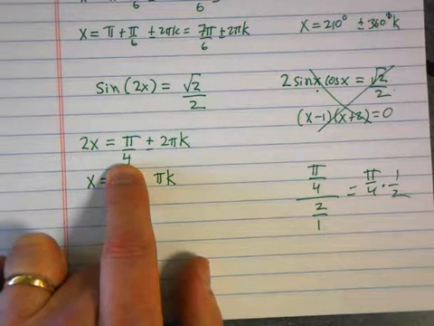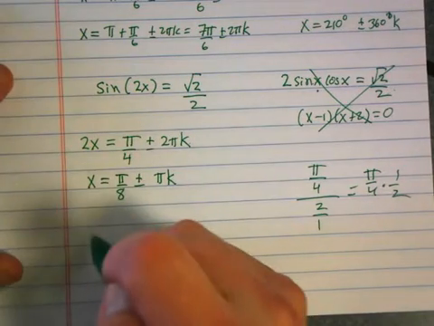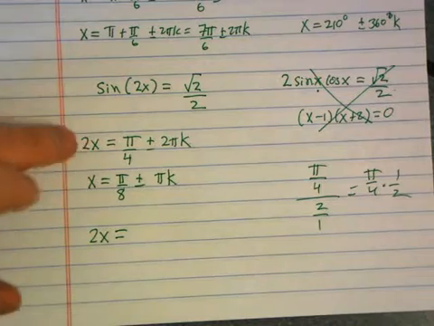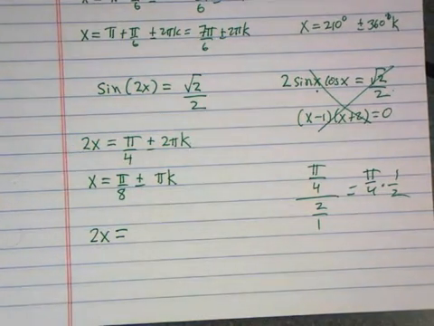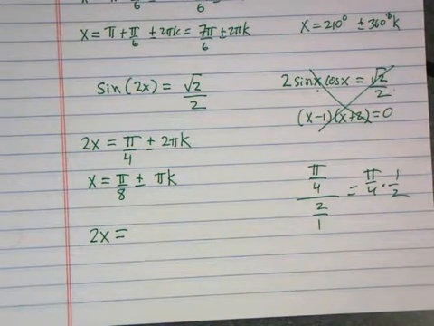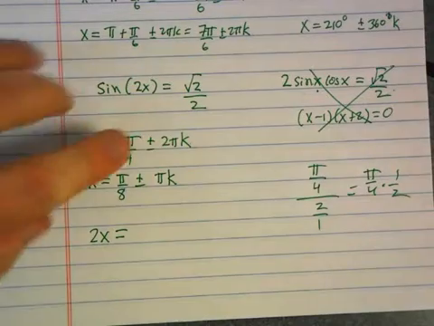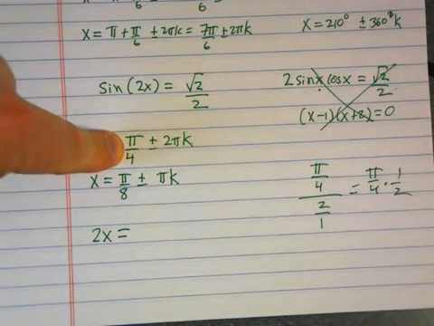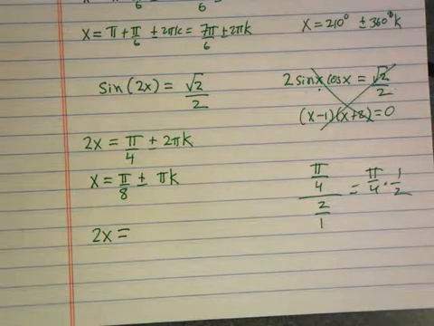Why are you using pi over 8? Because I'm going to have 2x equals, I always have to go back to my 2x. And then eventually I'll have to divide everything by 2 again. So I need pi over 4 converted to quadrant 2.